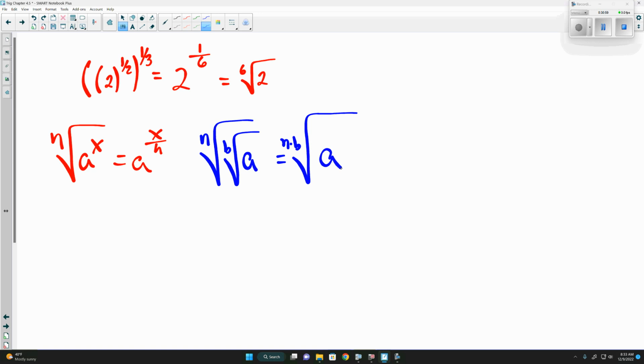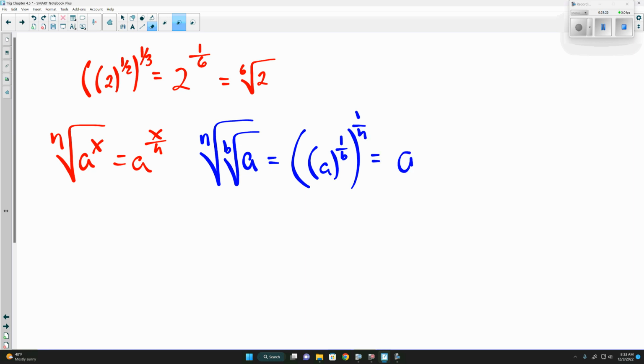It's almost working out that when we have this multiple root, we can multiply the indexes together. And that's actually going to work out, because if we did this step by step, it's just saying that we have a to the 1 over b to the 1 over n, which is a to the 1 over bn, which is the bnth root of a. The only way it would differ is if a actually had an exponent that would simplify one of the roots down.